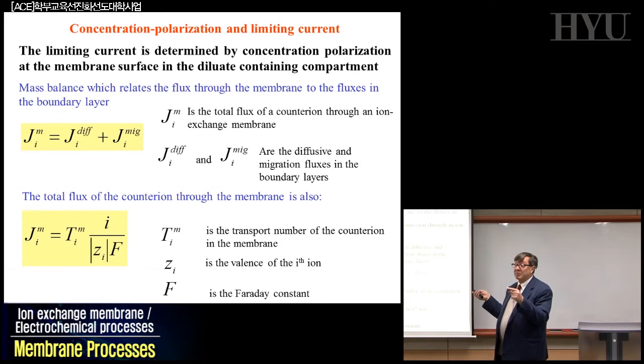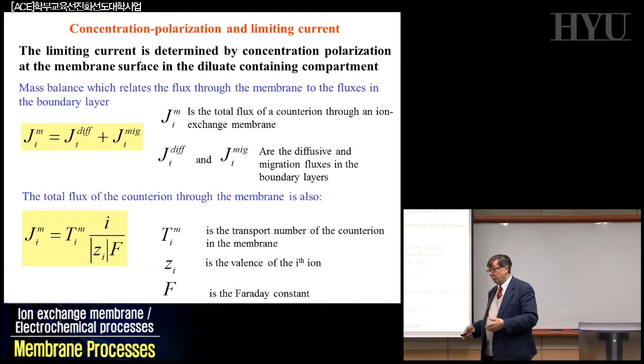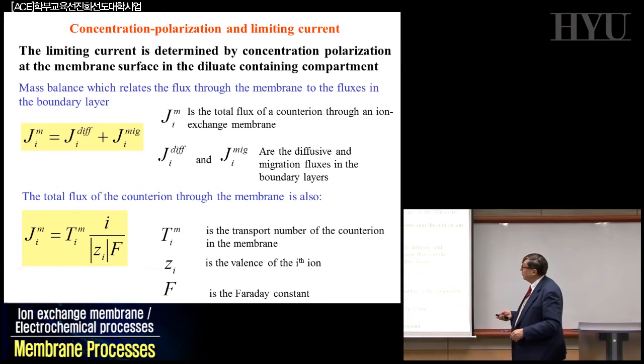So if you have water splitting at the interface, because you're trying to move the ions across by increasing the potential difference between the electrodes, you can eventually improve the system a little bit, but you can kill the process chemically, because the water splitting destroys the polymer, the polyelectrolyte you have been using. So there is a lot of trouble that you have to take care of. Limiting current is determined by concentration polarization phenomena at the membrane surface in the diluent compartment of your system. What is this?